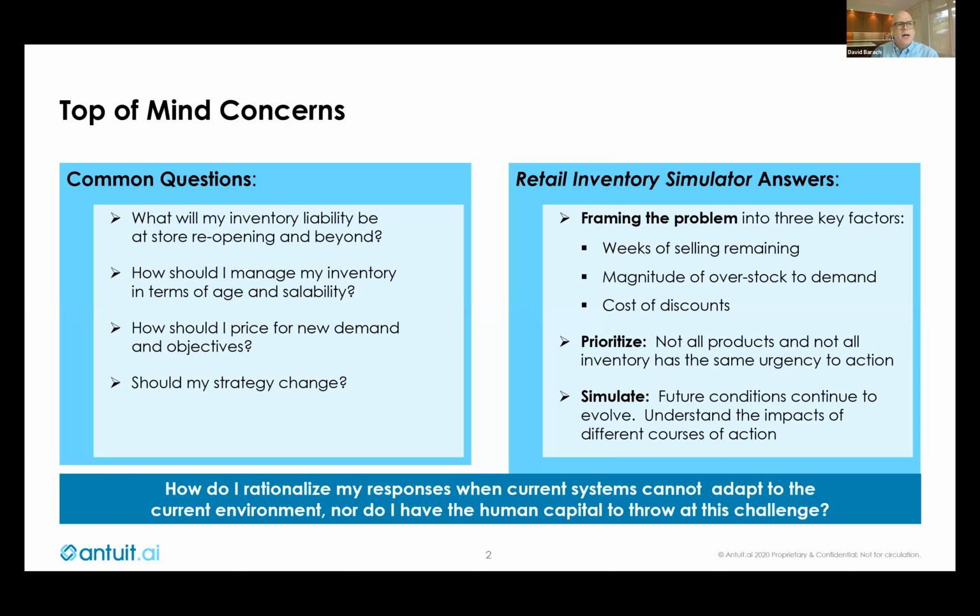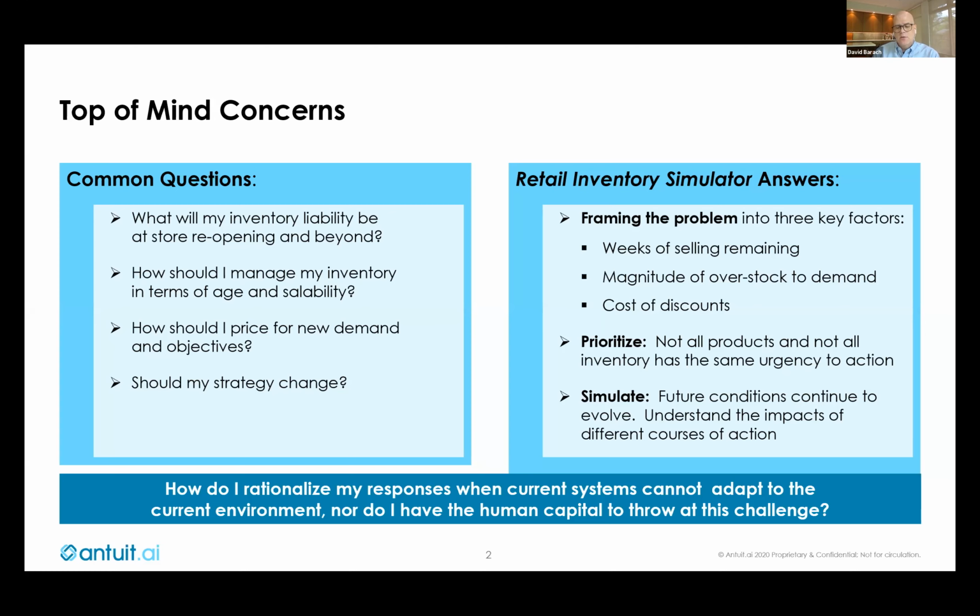So we realized that with our capabilities and experience, we developed the retail inventory simulator to help in this problem by first understanding the weeks left to sell, the magnitude of the inventory remaining, and the cost of the inventory repricing needed. Secondly, it's clear that it is implicit to prioritize the need for pricing or other type of management of the inventory.